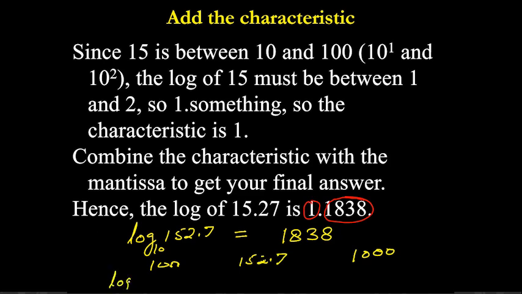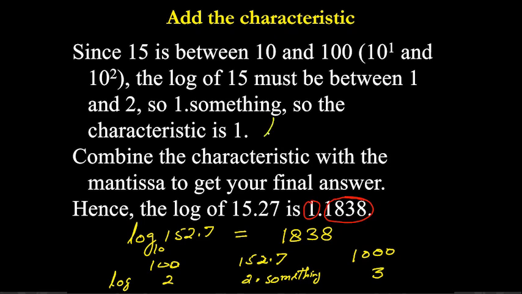So the log of 100 will be 2. The log of 1000 will be 3 because it is 10 power 3. It means the log of 152 point something will be 2 point something. This something you have already calculated. From the log table, you get something. From the decimal place, you get the characteristic.